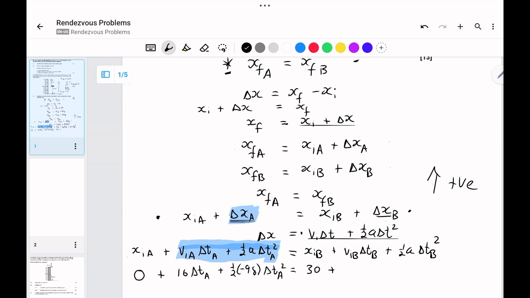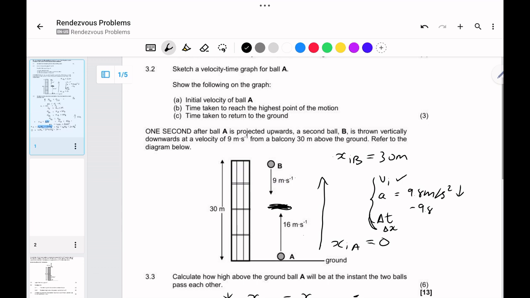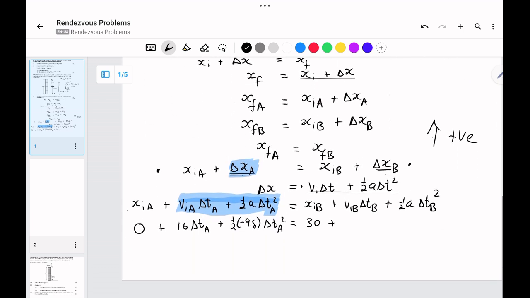And since we're saying that up is positive, we need to write minus 9 times the time for B, plus 1/2, again minus 9.8.